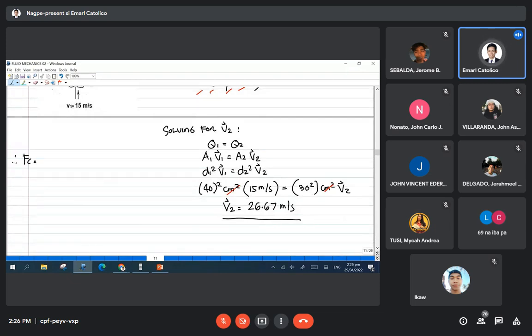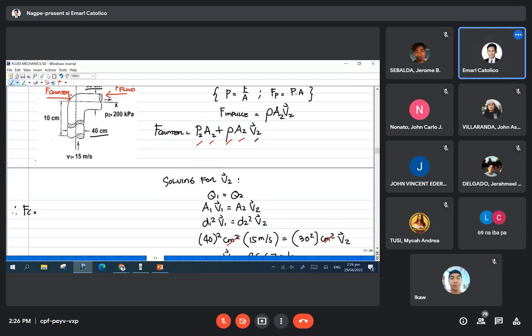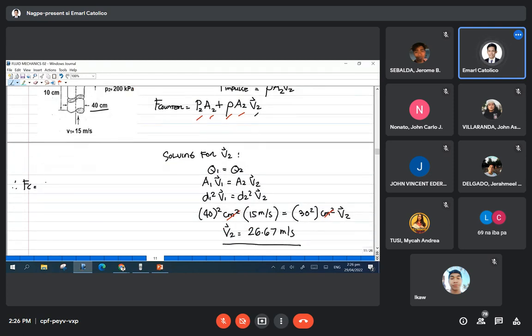Therefore, Fc is equals to, pressure natin is 200 kilopascal. So 200 kilopascal, so kilonewton per meter squared.